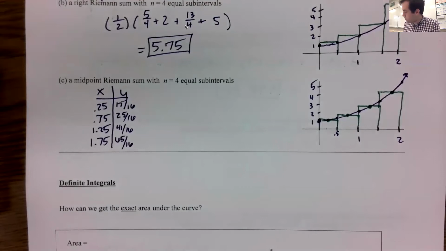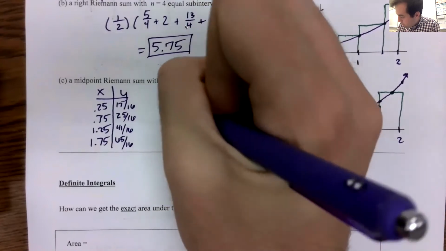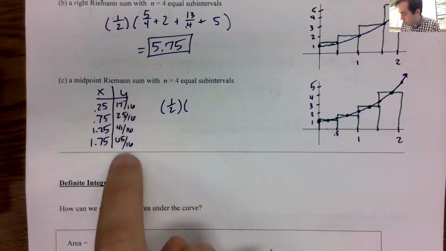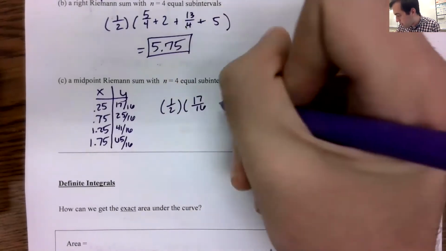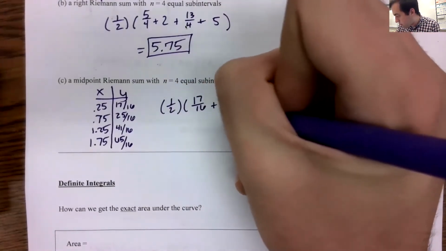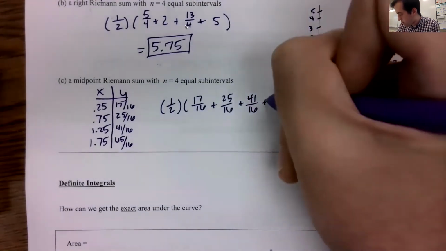So I'm going to start with those. And once again, each of our boxes, each of our rectangles has a width of 1/2. So I can start with 1/2, and now I'm just going to add all the heights together, which are these y values. So we're going to have 17/16 plus 25/16 plus 41/16 plus 65/16.